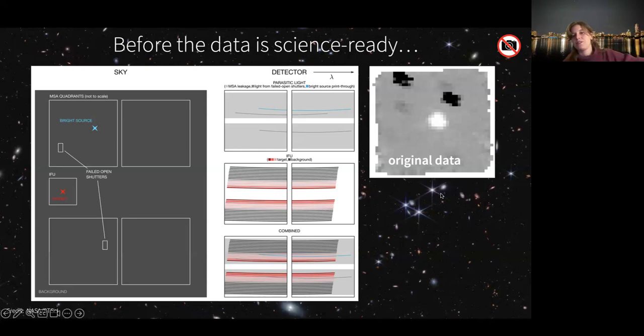So if you were to look at the background of my slide, you could open a shutter here, here, and here, and when you take the data, you can get a nice spectrum of multiple objects at the same time.